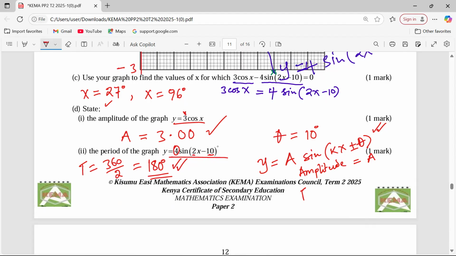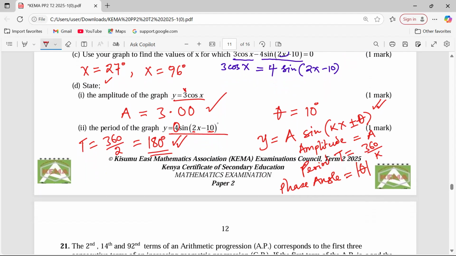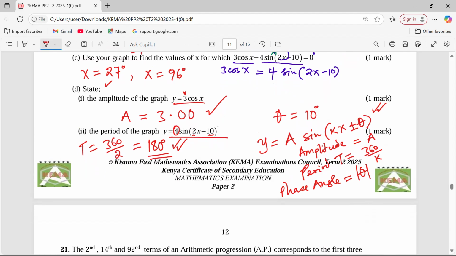Then the period T equals 360 over the coefficient of x. Then finally, the phase angle equals the absolute value of the angle at that point. So that's why we can state it without going to the graph.